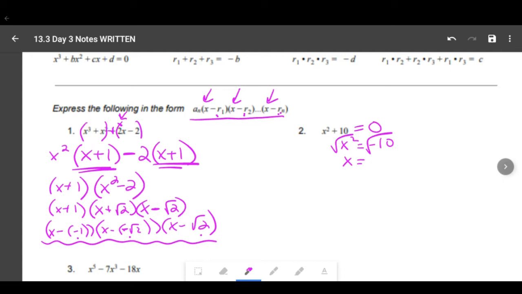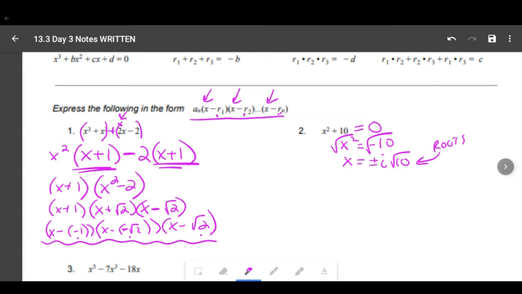If you look at the square root of negative 10, that's just going to be plus or minus, remember, we have two of them there, i square root of 10. And you can't simplify the square root of 10, so you leave it like that. So what this means is these, plus or minus i square root of 10, are the roots of that particular polynomial.